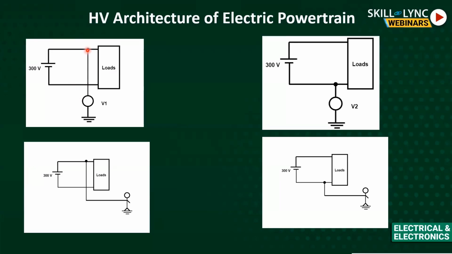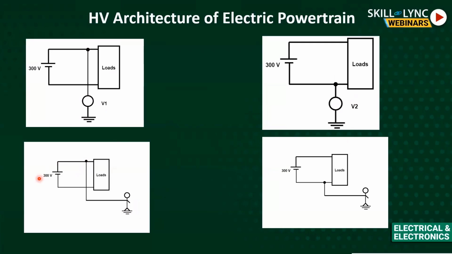If somebody connects a multimeter between positive and chassis, what will be the voltage? If somebody connects the multimeter between negative and chassis, what will be the voltage? Please note down, based on your analysis, what you will get in these multimeters. And the next thing is, if somebody is standing on the chassis, touching the metallic part of the automobile and then touching the positive.